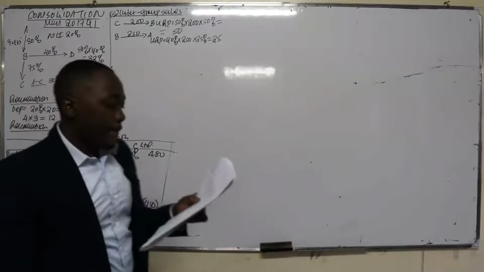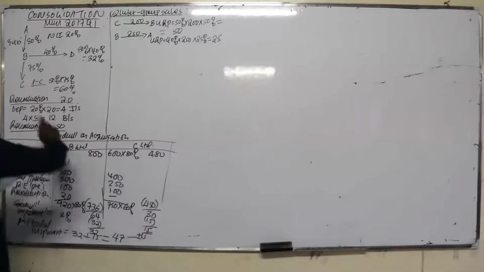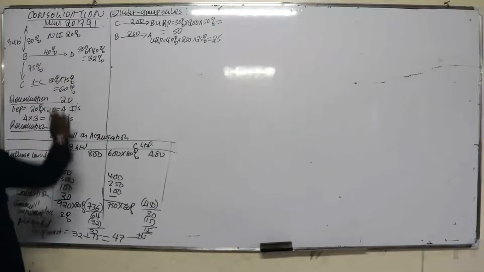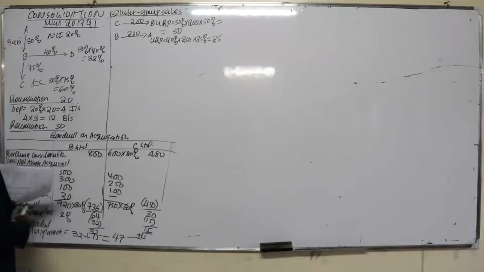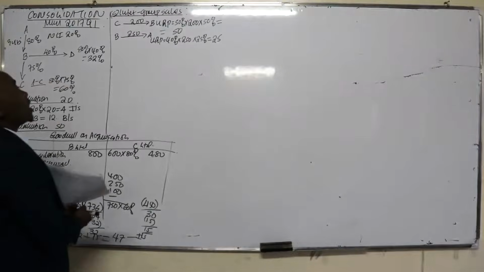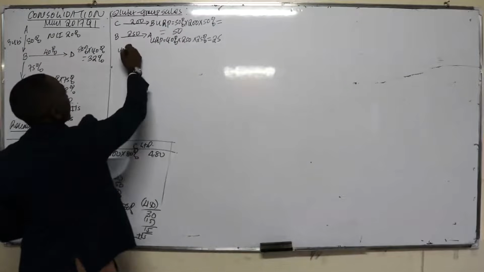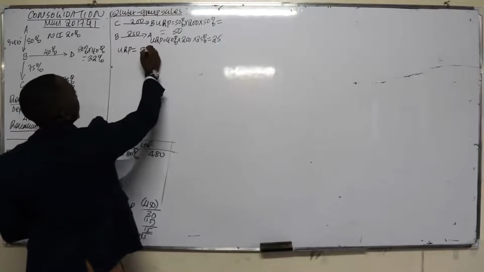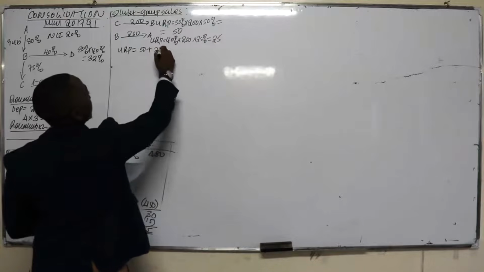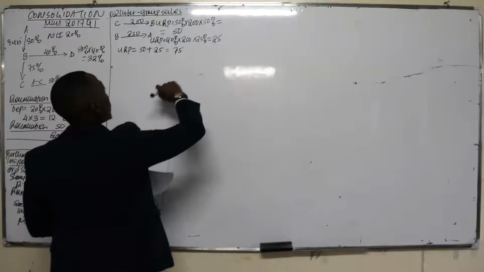Then B sold to D. D is an associate. We say that we don't consolidate an associate. We account for it using the equity method. So therefore, our total unrealized profit, we have 50. Then we have 25. The total is 75. So how do we treat this 75?